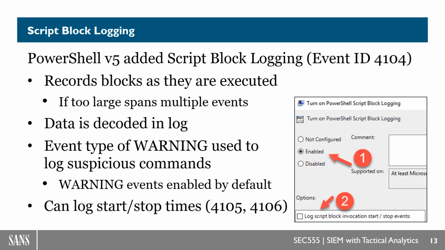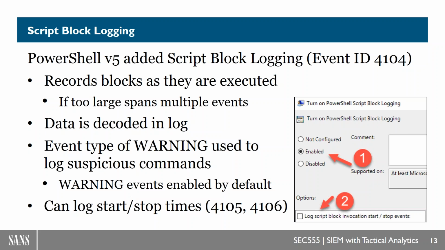Now, in some of the research Justin's done, and I'm going to defer to him on this, he's stated that most of his legitimate commands were going to cut warning logs as opposed to malicious when he's running malware. So you may not get a lot of benefit, but you want to explicitly enable it. Once explicitly enabled, it's going to cut a log for every particular script. And if you have a very large script that's greater than the 34,000 kilobyte size limit, it's also going to break that up into multiple log events.